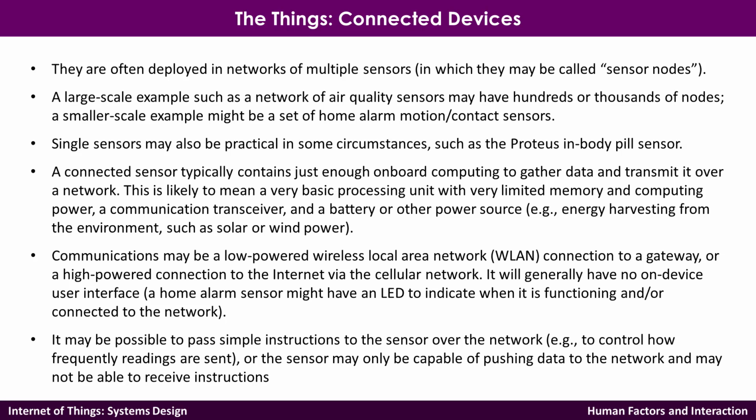Sometimes these connected sensors could be developed in such a way that they can also receive a command from the control center. Such two-way communication requires a certain amount of advanced programming, and then developing the architecture accordingly.